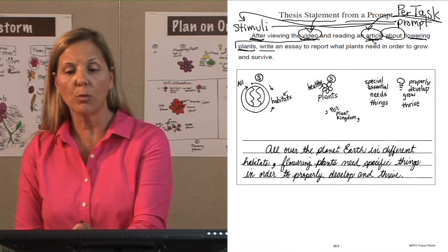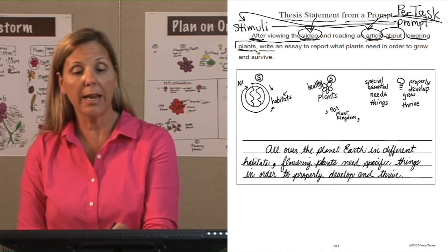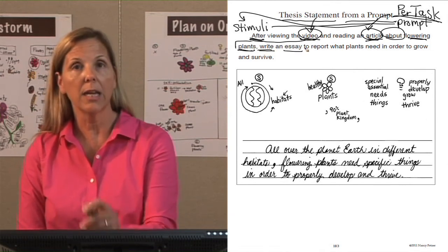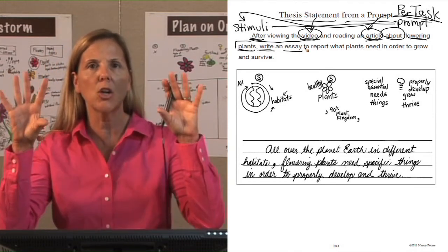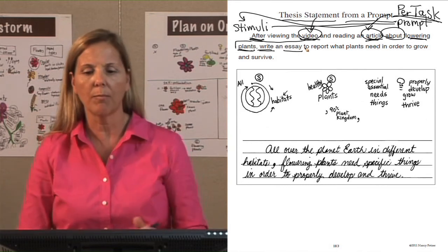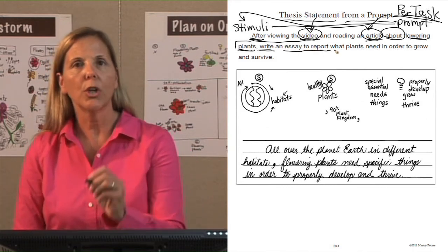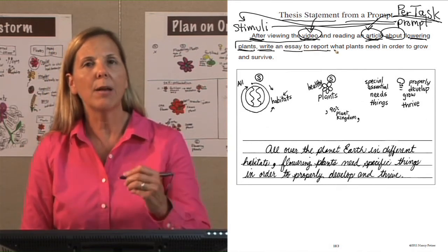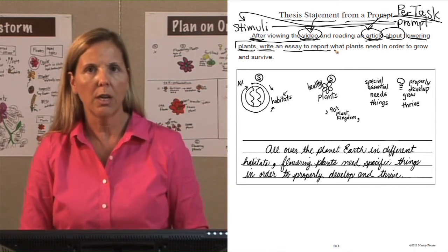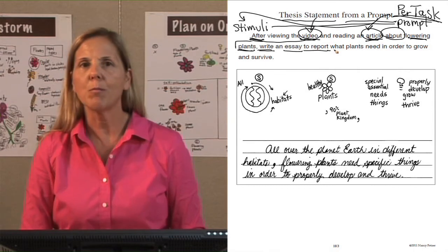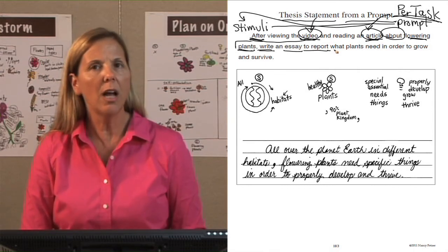So we go back to our prompt. After viewing the video and reading an article about flowering plants, write an essay. So now students know they're in the essay format. When I see essay, I know what? Introduction, body, conclusion. To report. What does report mean? That means that I'm going to tell you about information that I've read about. I am a reporter. I am not going to give my opinion of this information.